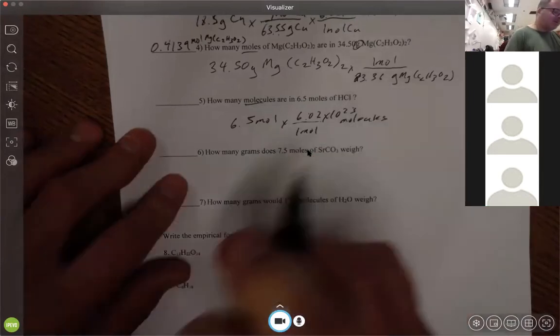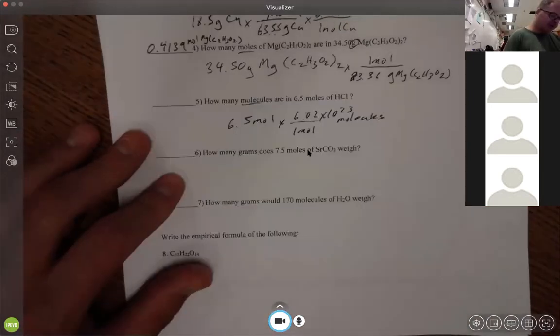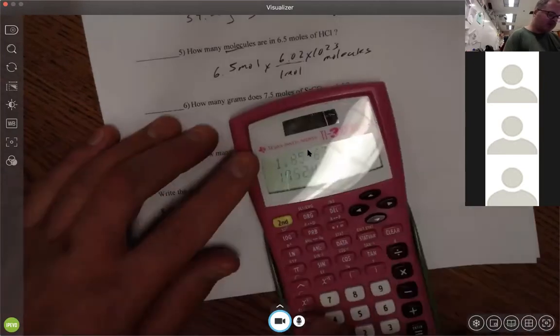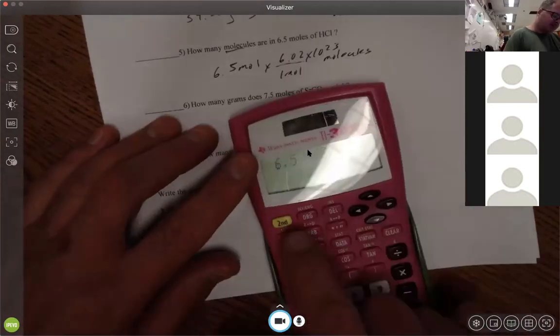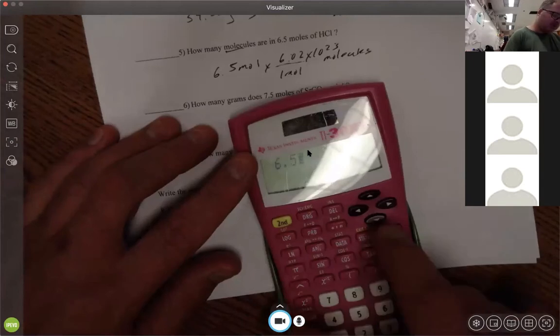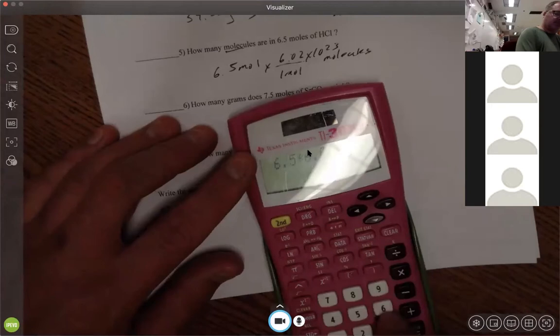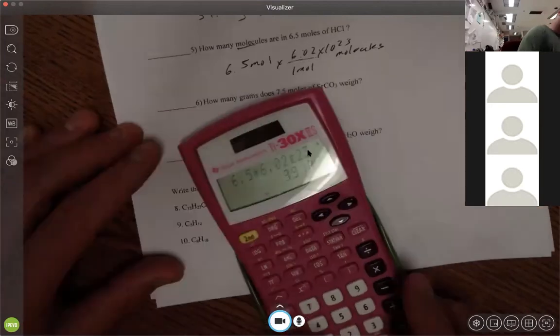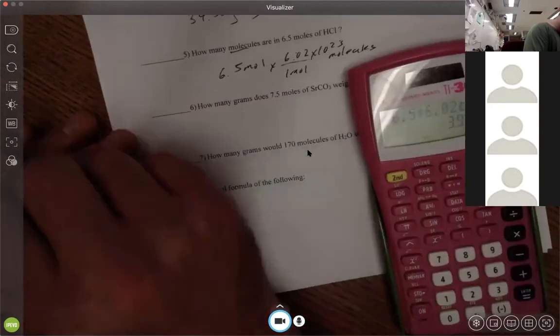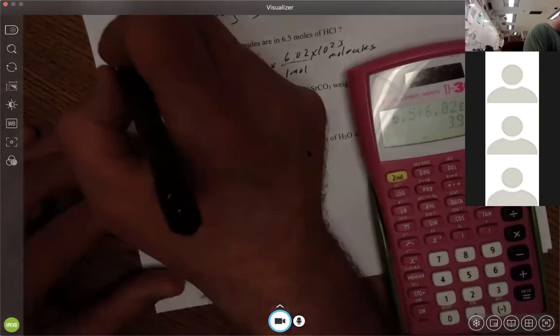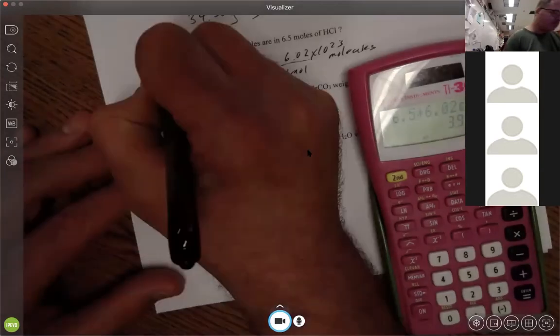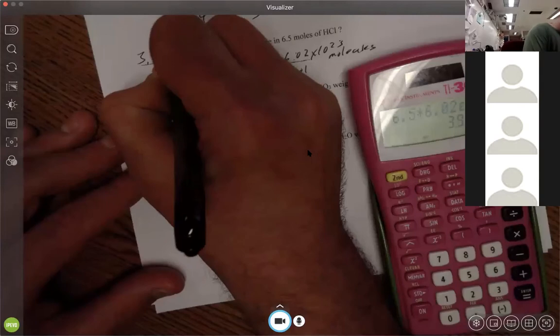Again, when doing scientific notation, we have to use this: 6.5 times 6.02 times 10 to the 23rd. It's going to be 3.913, 2 significant digits. It's going to be 3.9 times 10 to the 24th molecules.